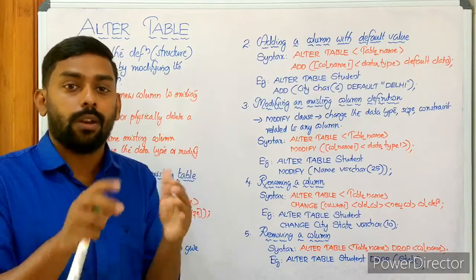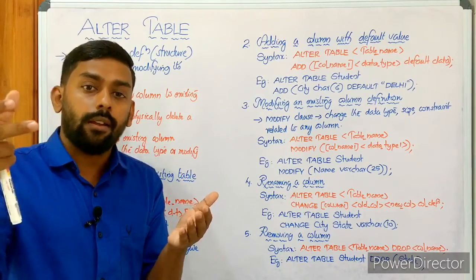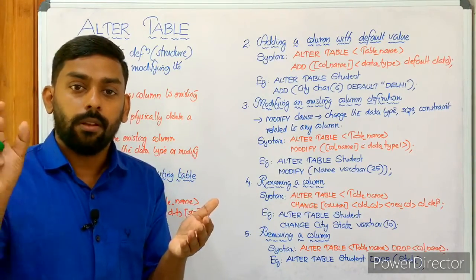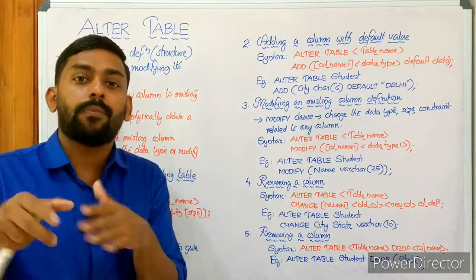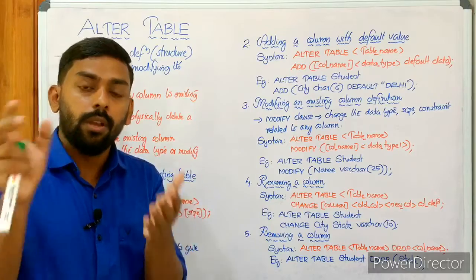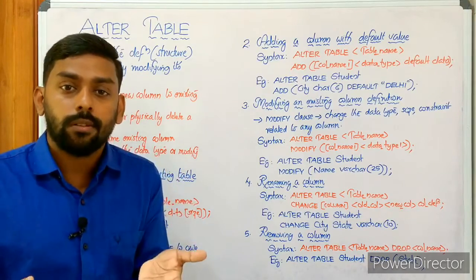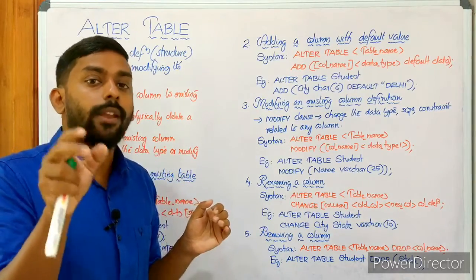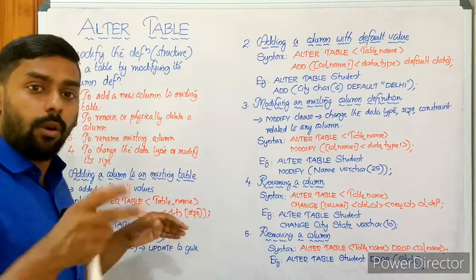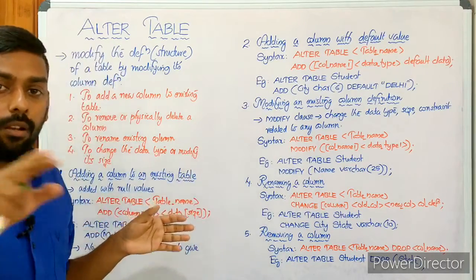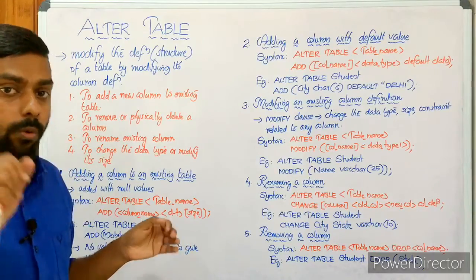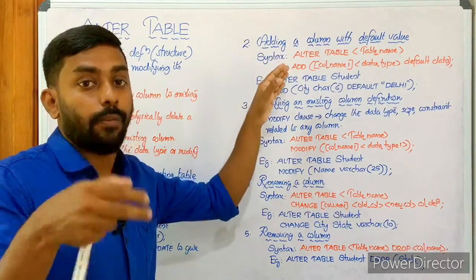Suppose there are 100 students, 100 rows, and when we add the new column school name, we can give a default name, for example Merigiri, so it will be set for all the 100 students. So a default value can also be provided, otherwise it holds null. Or using the UPDATE command, you can set the value for each row. Plus we have an option to provide a null value.